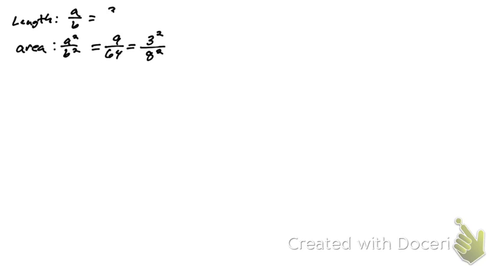Just remember that if our length ratio is A over B, our area ratio is A squared over B squared. So in this case, our area ratio is 9 over 64. To get my A and B, you take the square root of both, which would be 3 squared over 8 squared. So we would have 3 and 8 as my scale factor, and it would also be the ratio of perimeters.